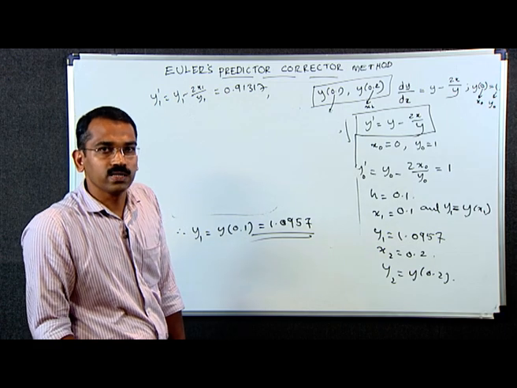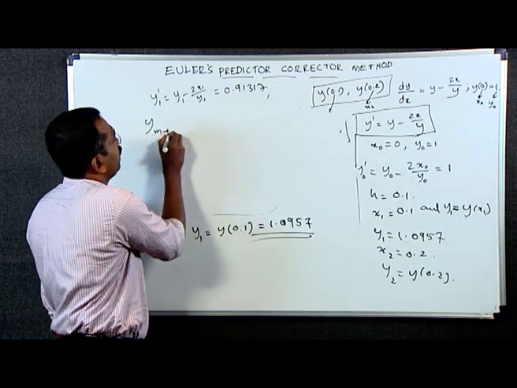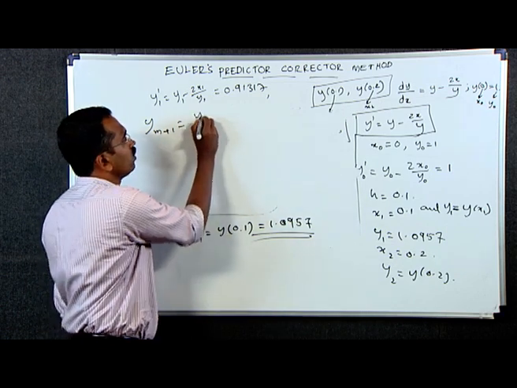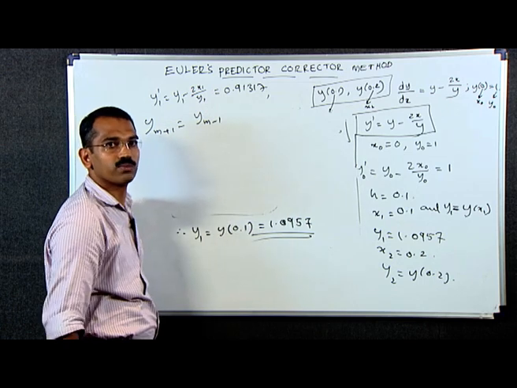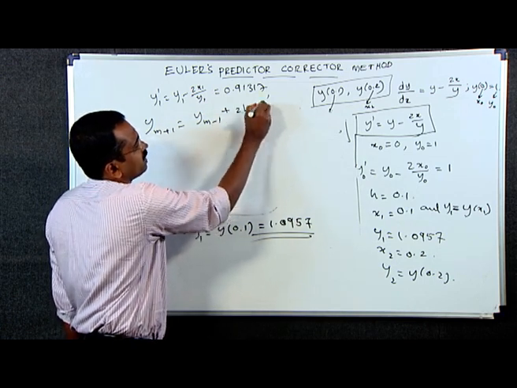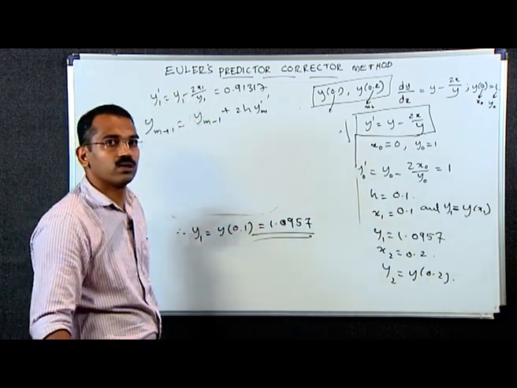Using the Euler's predictor formula, we can write y m plus 1 is equal to y m minus 1 plus 2h into y dash m.